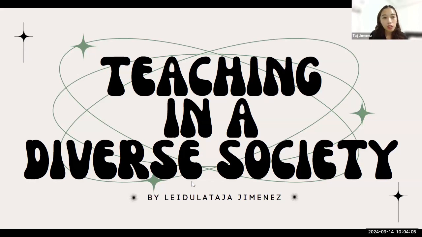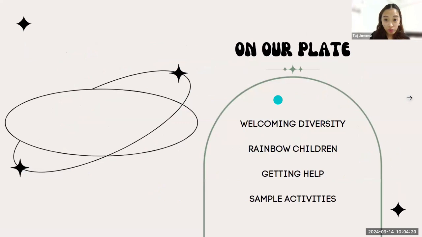So this is actually one of my first topics with Atlantic International University, but today we will be expanding it a little bit more. So let's move on. Come along with me. What's on our plate today: to start off, we're going to review what diversity is, including what rainbow children are, if you are familiar with them.